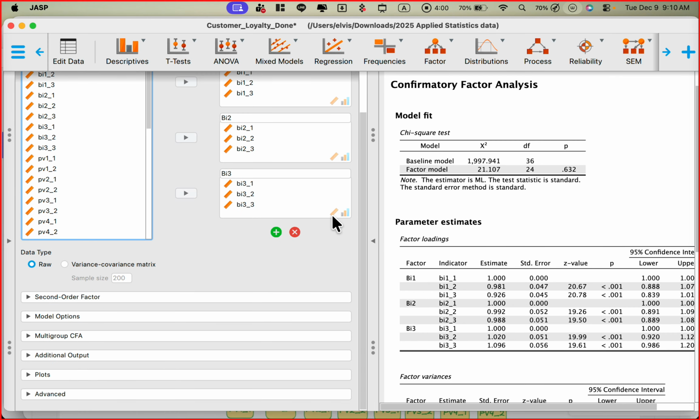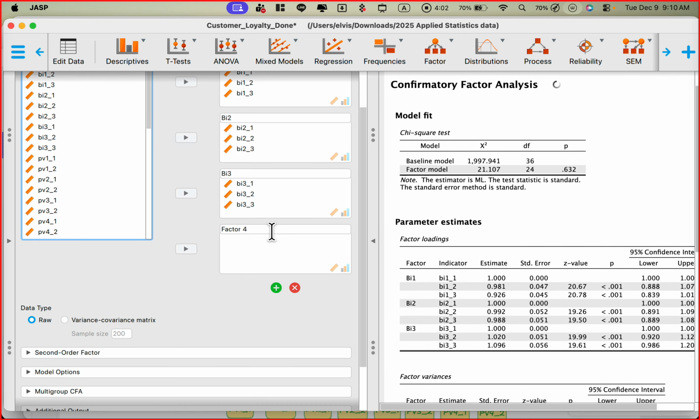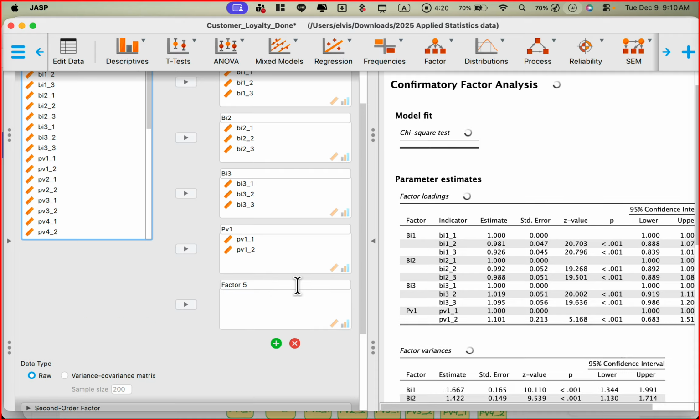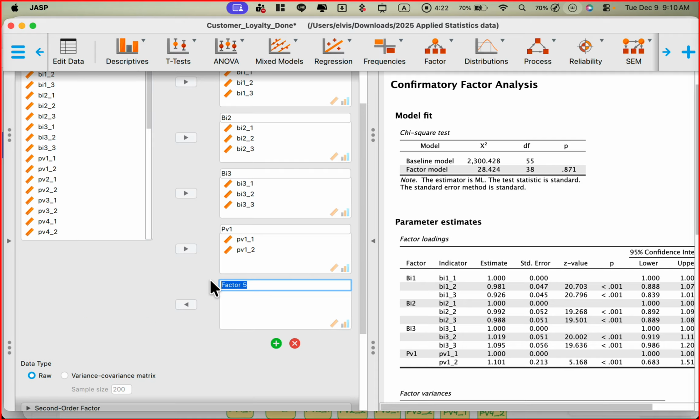Add factor again. Now will be the PV1. Perceived value, PV1. We have 2 indicators for PV1. And add a factor again, rename PV2.